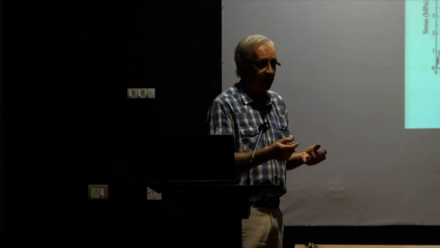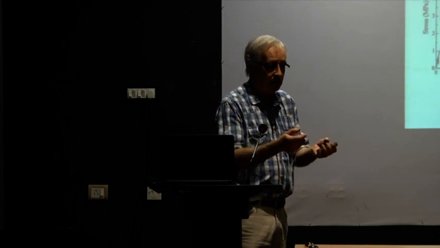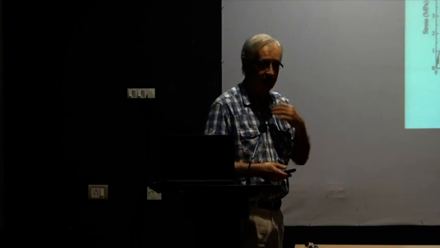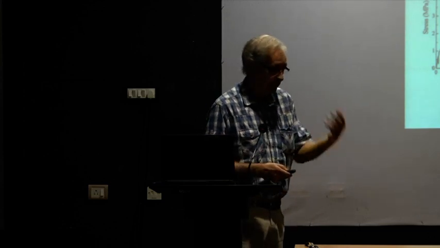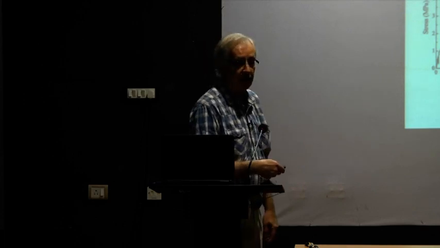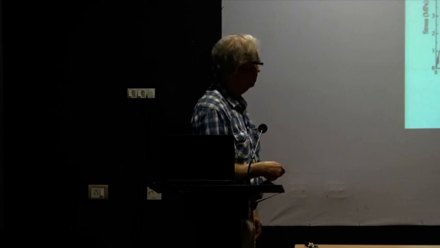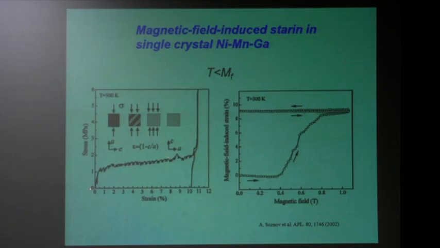Because this is a martensitic transition, you don't need a magnetic field first. I mean, you can just apply a stress strain, and you should be able to see the basic properties of these things. So just as in nickel titanium that I just showed you a little while ago, here you are in the austenite state. That's described like this. And then you go into the martensite state.